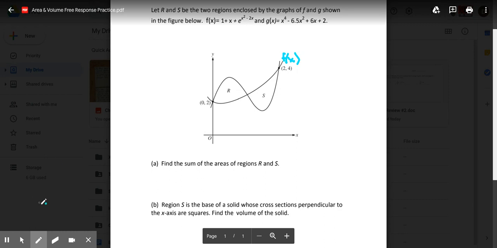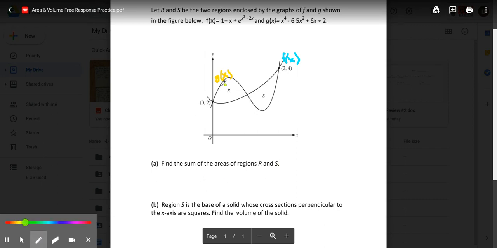And then the other curve is the quartic polynomial. That's this one right here. This is g of x. Okay, so find the sum of the areas of regions R and S.